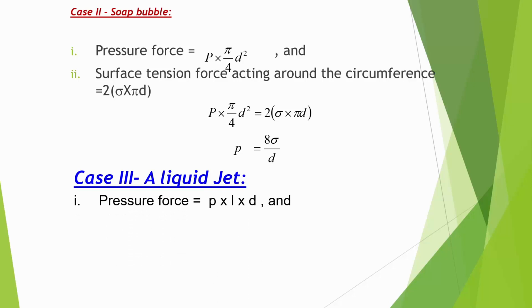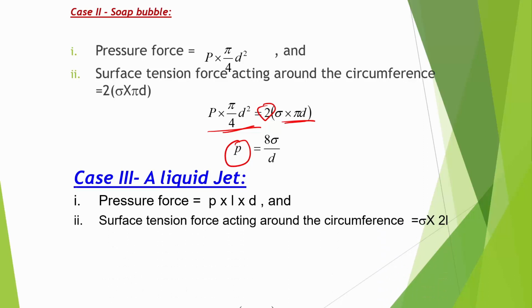So you have 8 sigma, that's why you have 2 into sigma into pi d. This is your surface tension that is acting throughout the perimeter. This P that we are discussing here is your excess pressure, which has again been discussed. So you can keep this in order.